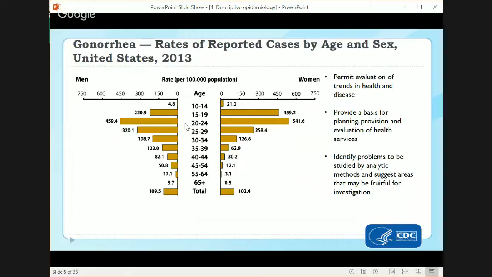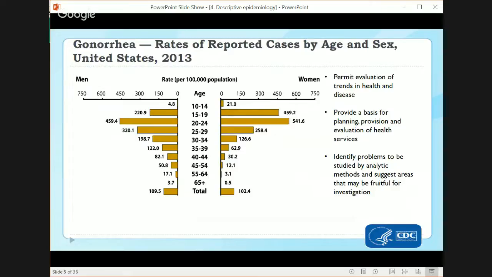And then that helps you plan for who needs gonorrhea services, right? Who needs access to treatment, who needs access to screening, and who you should be screening, right? So just based on these rates, who we would want to be screening and who we would want to make sure is getting in for annual checkups are these 15 to 29-year-olds.